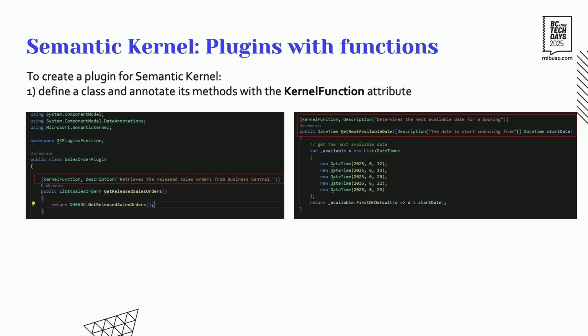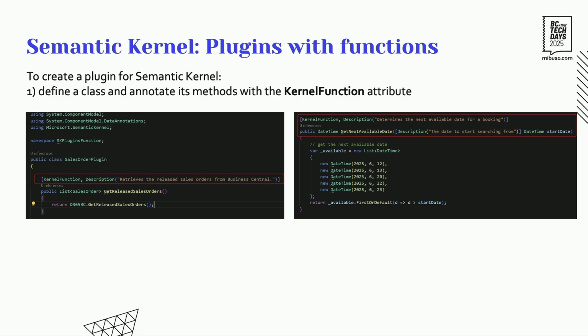We will see a demo about that. With a native function, you need to create a function in code, and this function must be decorated with the kernel function attribute.